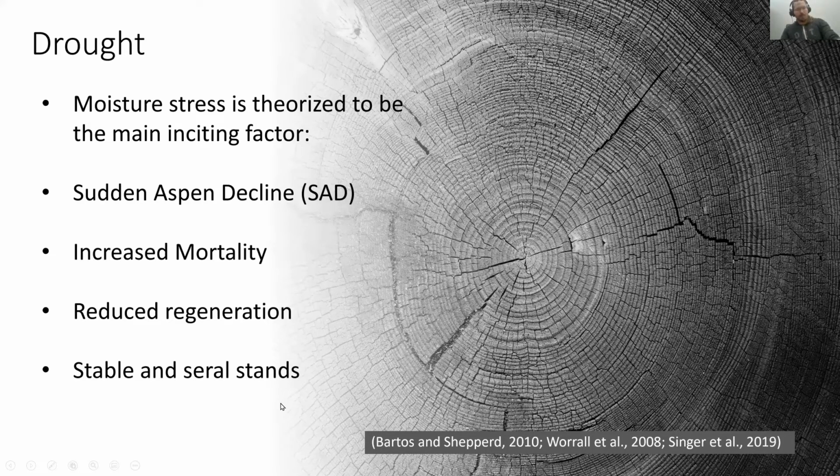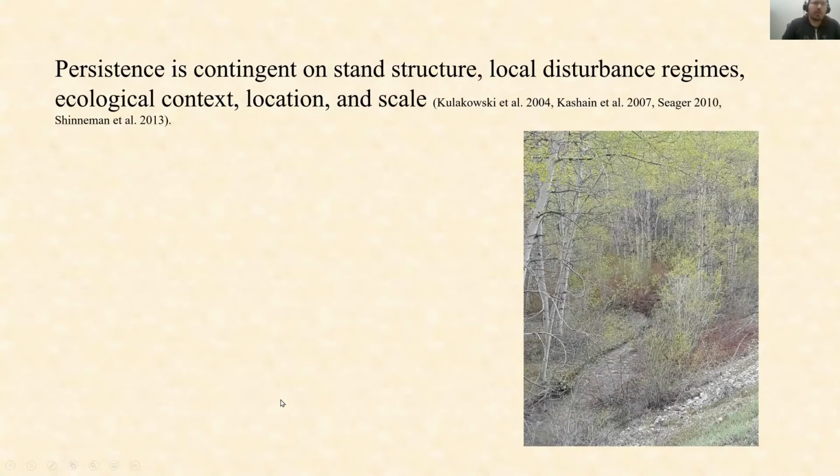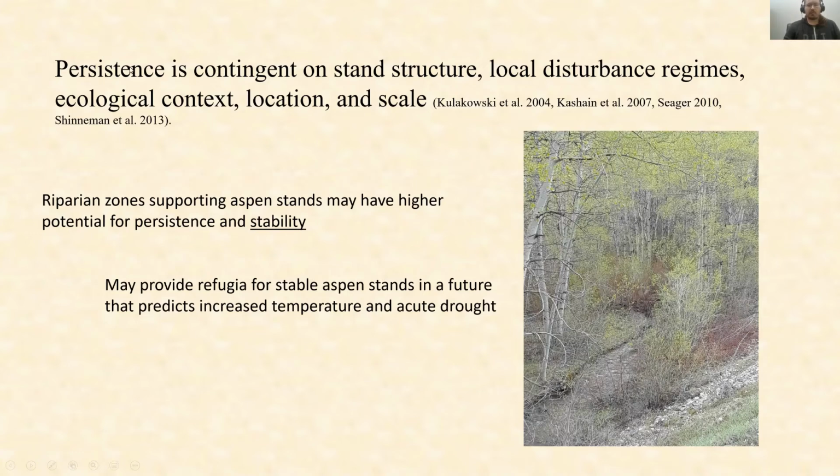Okay. However, when you're talking about mortality and regeneration of aspen, just like with most other tree species, their persistence is contingent on a lot of different interacting factors, right? You have differences in stand structure, local disturbance regimes, context, location, and scale. So we want to zoom in on this idea of context and location.